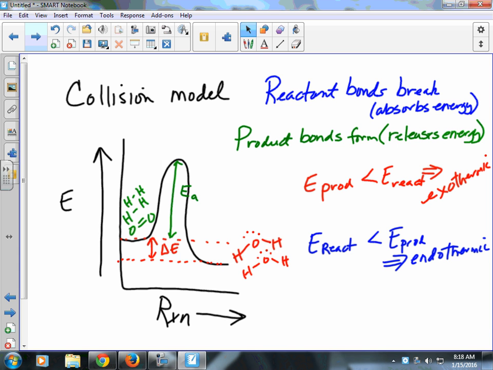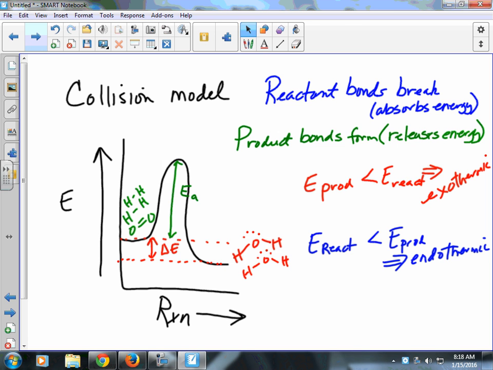Collisions, and we'll get to that in just a second, but collisions are how these break. They have to collide, and when they collide with each other, they transfer energy to each other, and that energy breaks the bond. This is very simplified. This stuff right here is called the activated complex.